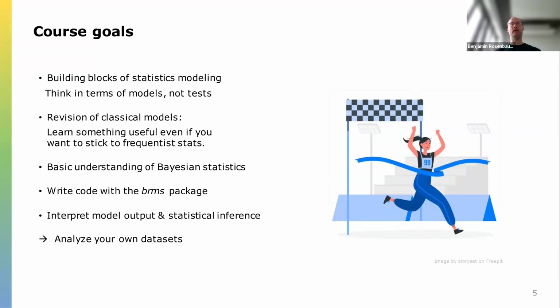However, I must say Bayesian statistics is becoming more and more popular. You will encounter papers where people have been using Bayesian statistics to answer their research questions, and the basic knowledge of this methodology is required to kind of critically assess the papers and these findings.